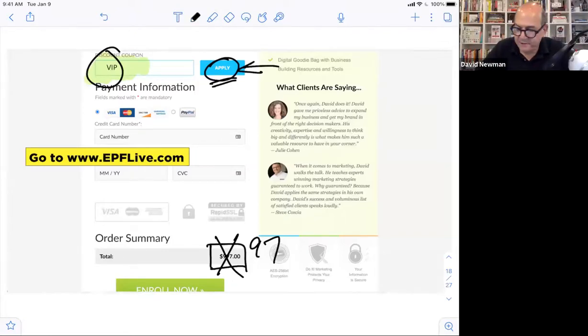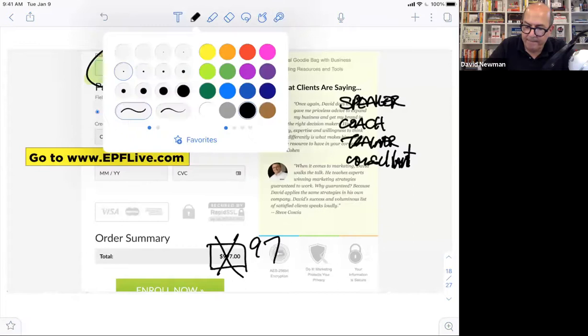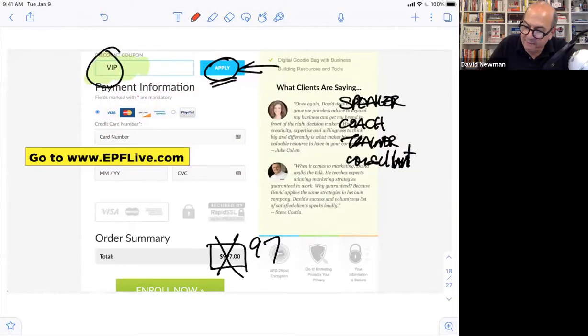Yes and yes. So let me give you a little bit of insight about that. And this is an area where a lot of our folks struggle. And if I could just maybe reiterate and confirm that I heard you correctly, we got speaker, coach, trainer, consultant, right? I recommend that we don't really identify ourselves by our distribution method at all.